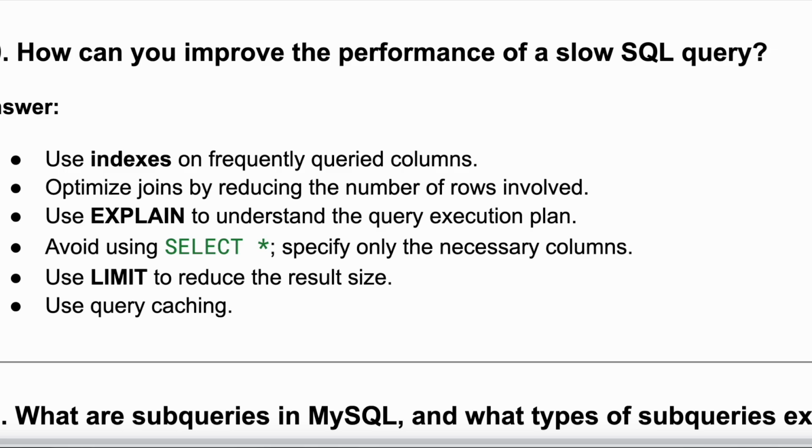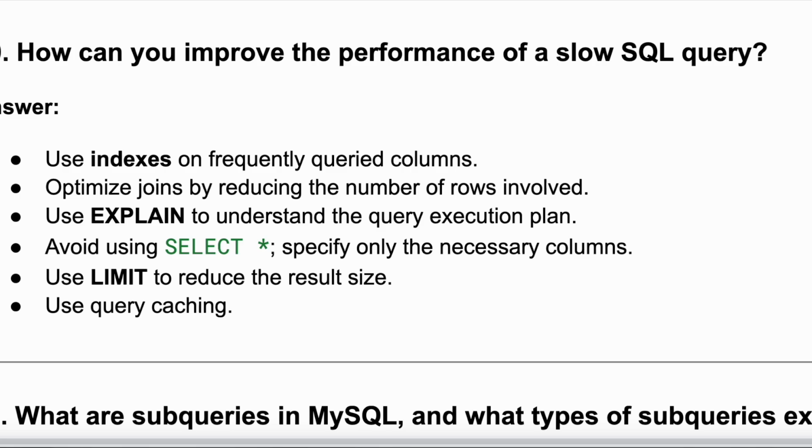Use EXPLAIN to understand the query execution plan, and avoid using SELECT *. Specify only the necessary columns. When you use star, it will bring the whole records in the data set, which can lead to slow performance.